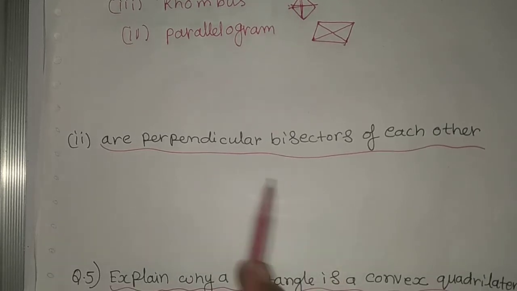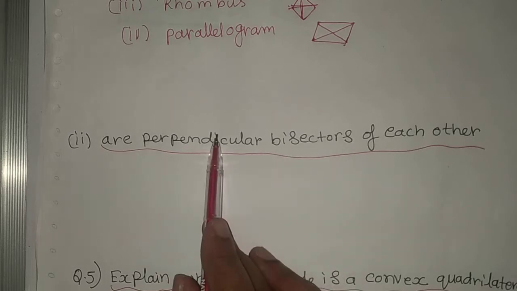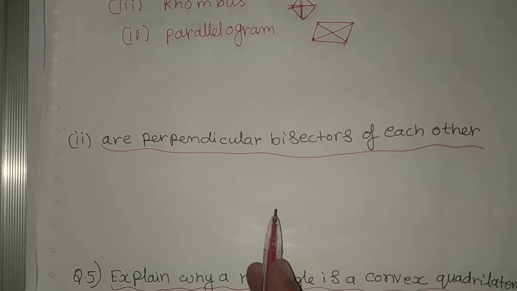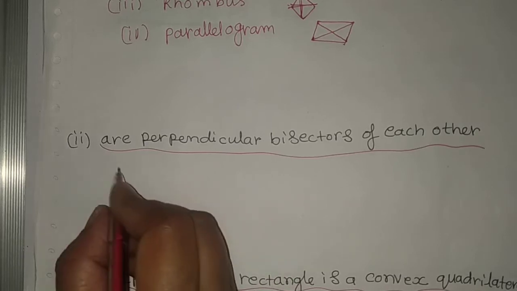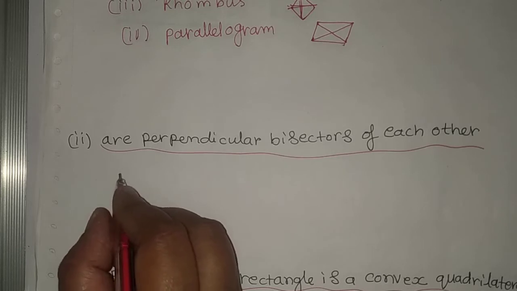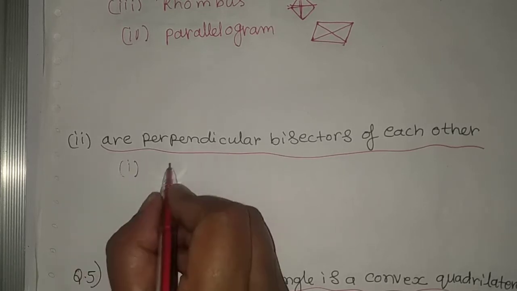Next one is, are perpendicular bisectors of each other? Means the diagonals are perpendicular bisectors of each other. We should only name the diagonals. So for this one we have two options. The first one is a square.